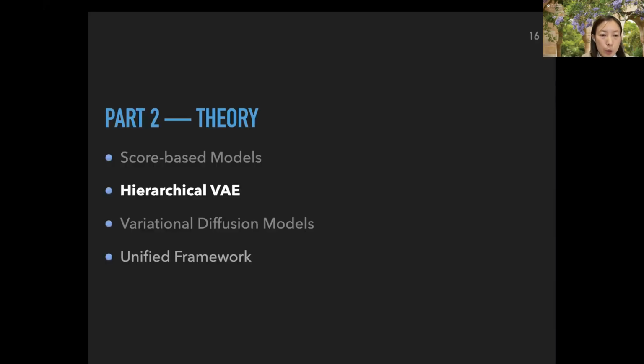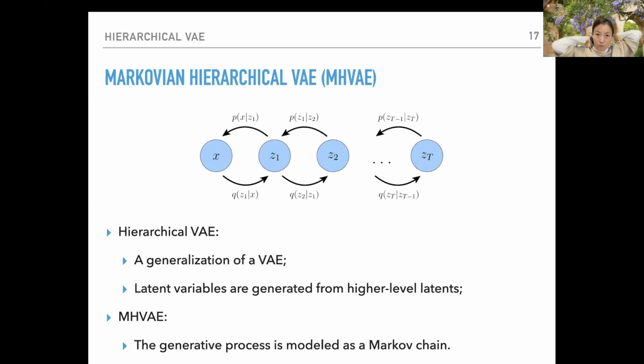So before I introduce the variational diffusion model, I will introduce the hierarchical VAE. Hierarchical VAE is a generalization of a VAE. The latent variables are generated from higher level latents. And Markovian hierarchical VAE is a generative process modeled as a Markov chain.